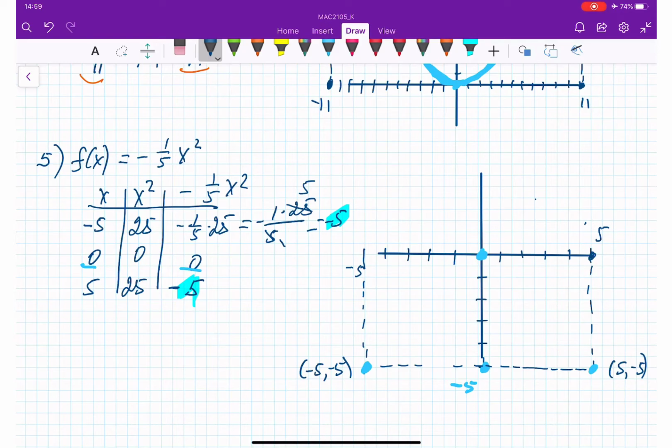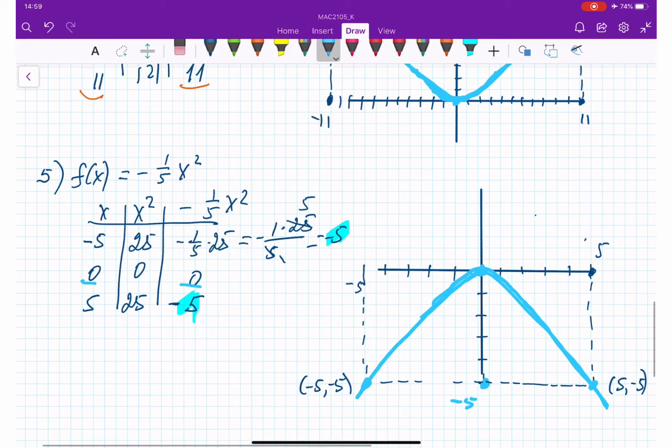So what do we have? We are going to draw the graph. And maybe that's what the graph will look like. Now pay attention.